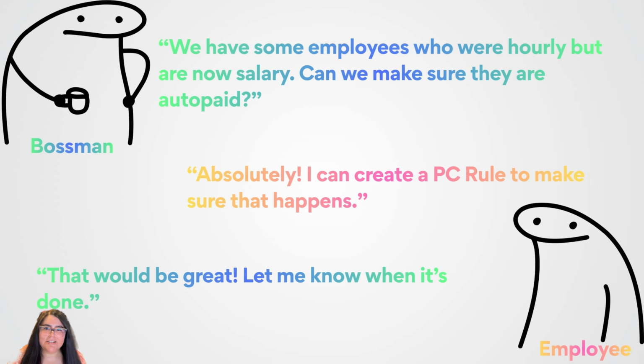And boss man's like, how can we make sure that they're auto paid? An employee was not auto paid last pay period, maybe. So you, as the employee, because you watched this video, you're like, oh yeah, I know exactly how to do that. I can create a PC rule to make sure that that happens every time that there is a change from one type of job to another type of job. And the boss man gives you the praises. All right, let me know when it's done. And so you get to work.